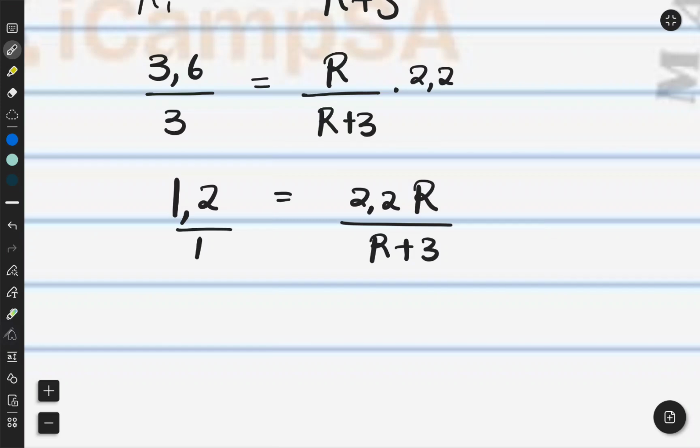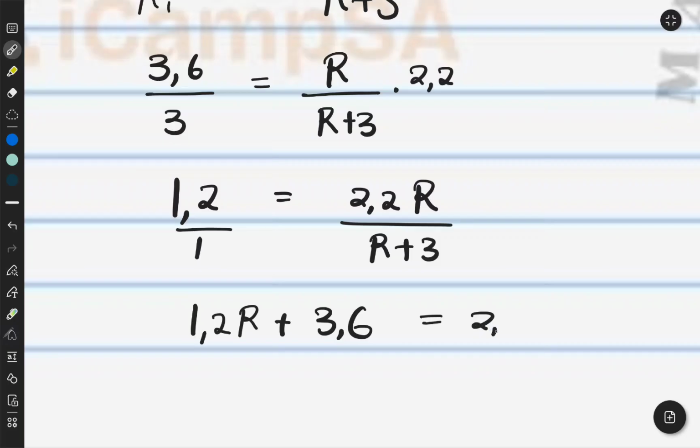Yes, much better. Right, from here you can solve, right? You know that this is over 1, then you can cross multiply. Now it's much easier. So you'll have 1.2 R plus 3.6, because 1.2 times 3 should be 3.6, and then here you'll be left with 2.2 R, right? Then from here, if you transpose the R, you'll be left with R is equal to 3.6 ohms.